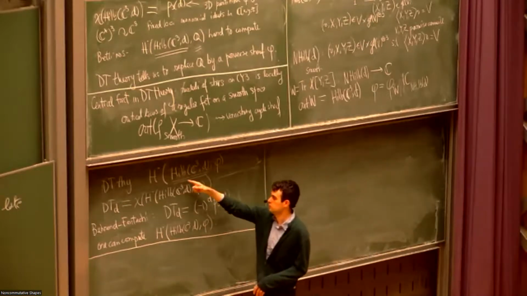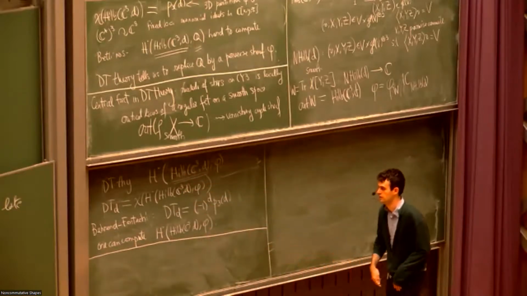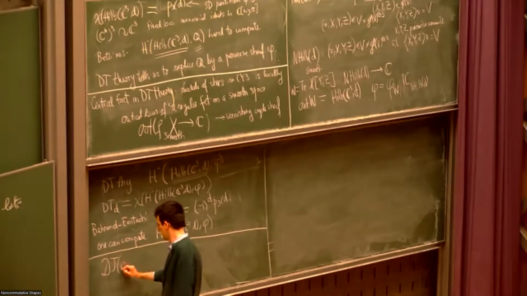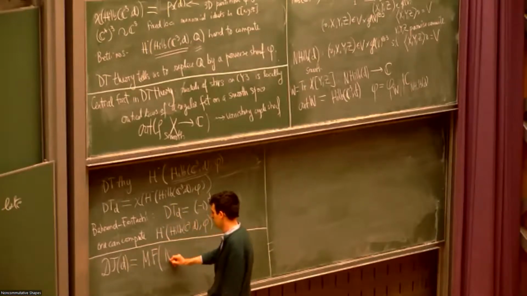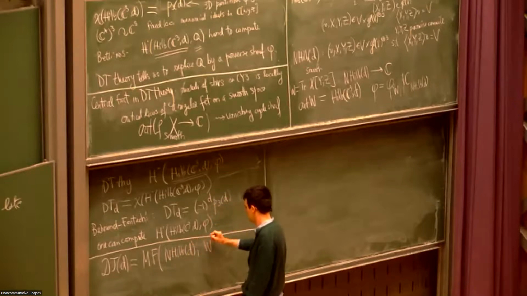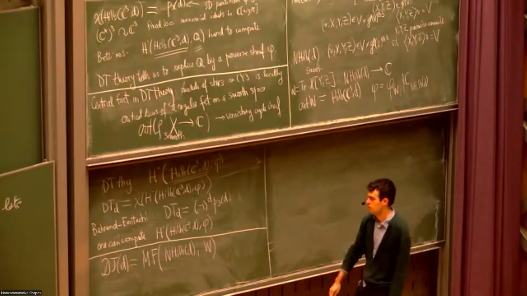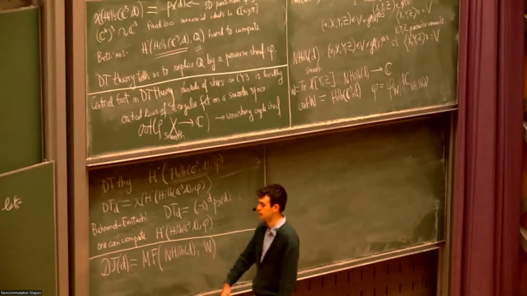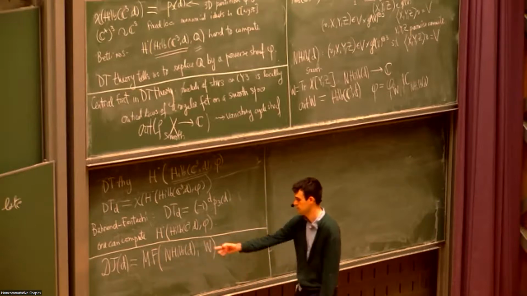As I was saying, we will not just look at the category of coherent sheaves on this space. We will look at a different category. So this DT category is the matrix factorization category on the non-commutative Hilbert scheme for the regular function W. Here we have some flexibility: we can also take graded matrix factorizations, and equivariant matrix factorizations.